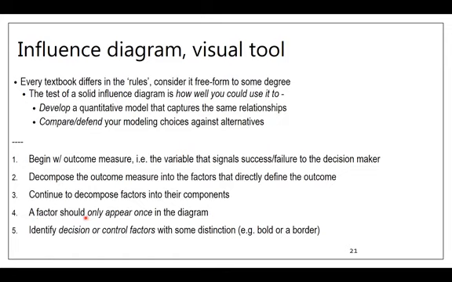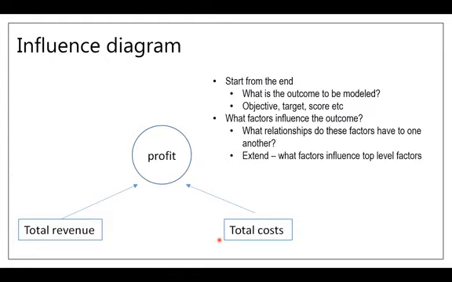That means if you're tracking down a branch and you end up with the same factor that's already been described somewhere else, then you need to link those up. That's because there are 2 paths that the decision, control, or influence factor follows, and we're going to see how that plays out and why that's important. And then eventually you have to get down to the decision or control factors, and typically those are drawn or recorded separately to make clear their importance.